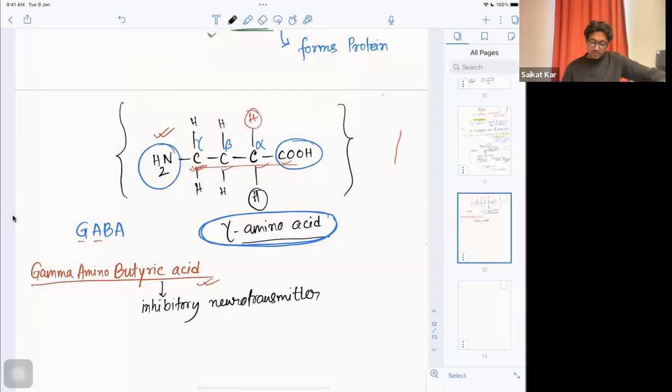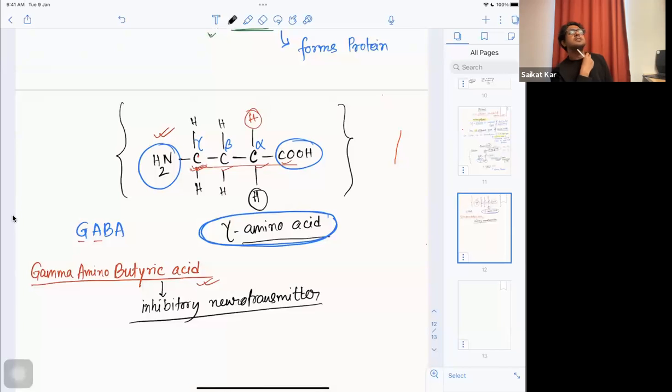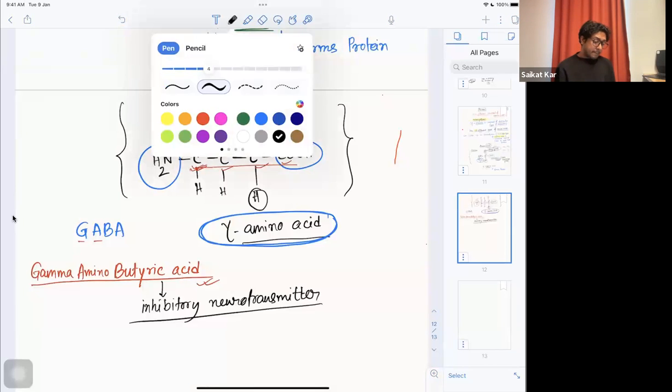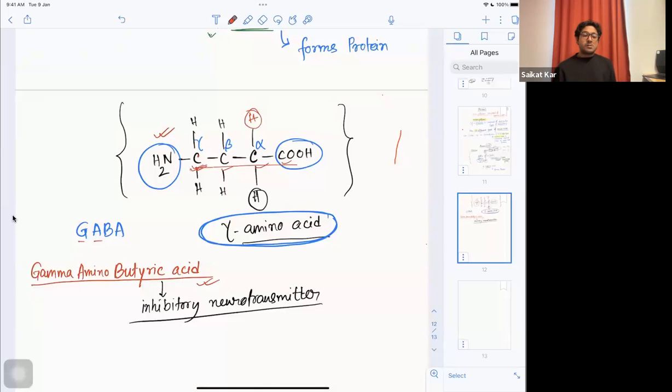Inhibitory neurotransmitter. So some neurons of our body release this structure as a neurotransmitter. What is the function of a neurotransmitter? Neurotransmitter means released from nerve cells. So basically, suppose when we are sleeping, the movement of the body gets reduced.